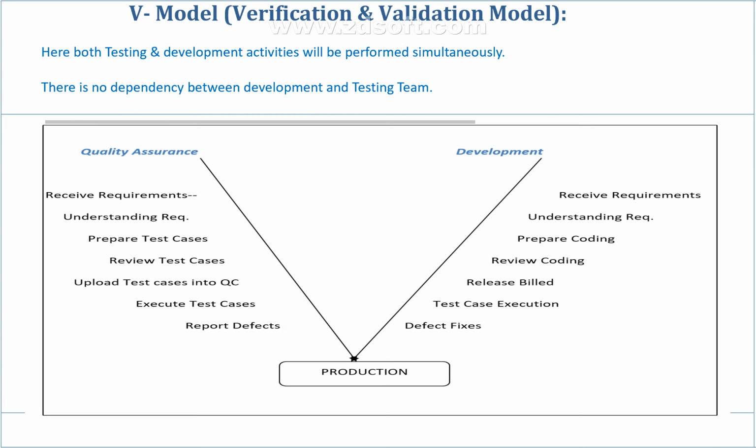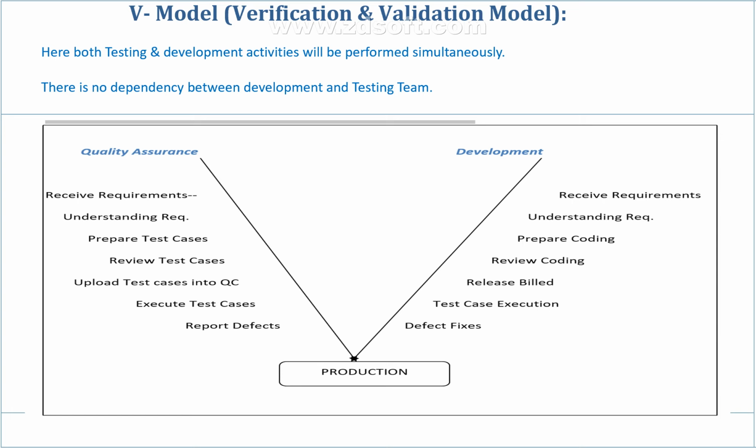After the waterfall model, the V model came up, which is nothing but the verification and validation model. Here, both testing and development activities are performed simultaneously. It is better than the waterfall model, because testing and development are happening simultaneously. When a particular piece of code is developed by the developer, the testers can test that piece of code.